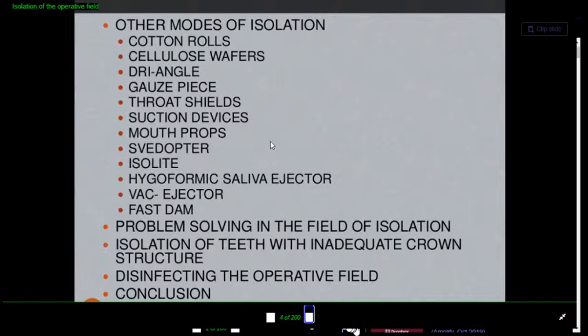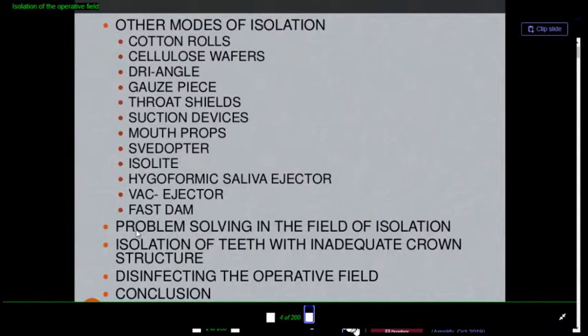Let's move on to the next slide. We have other methods of isolation, which include cotton rolls, cellulose wafers, Dri-Angle, gauze piece, throat shields, suction devices, mouth props, saliva ejector, VAC ejector, and fast dam.